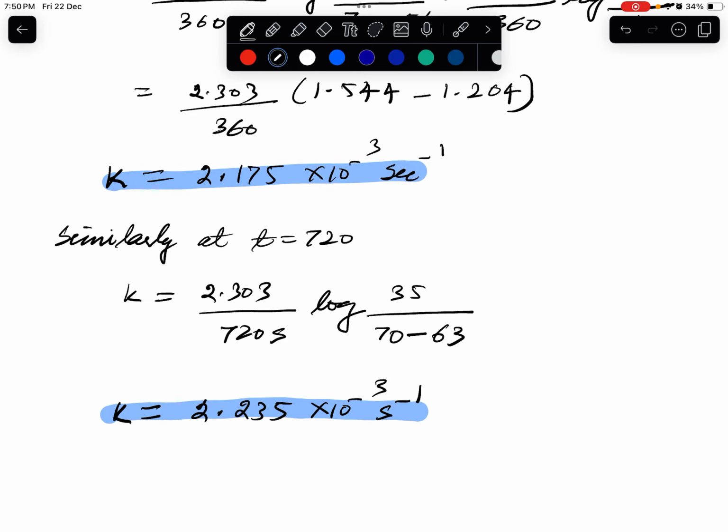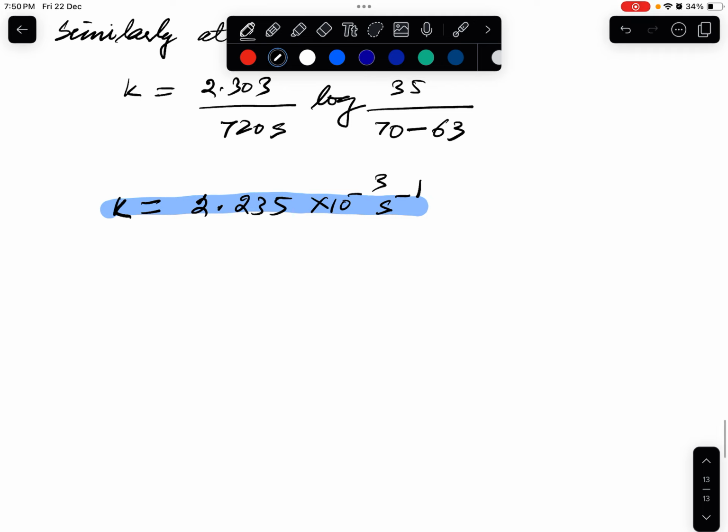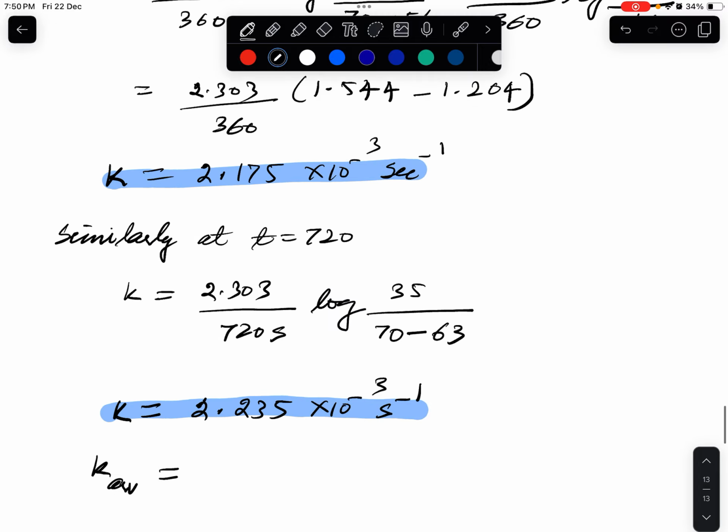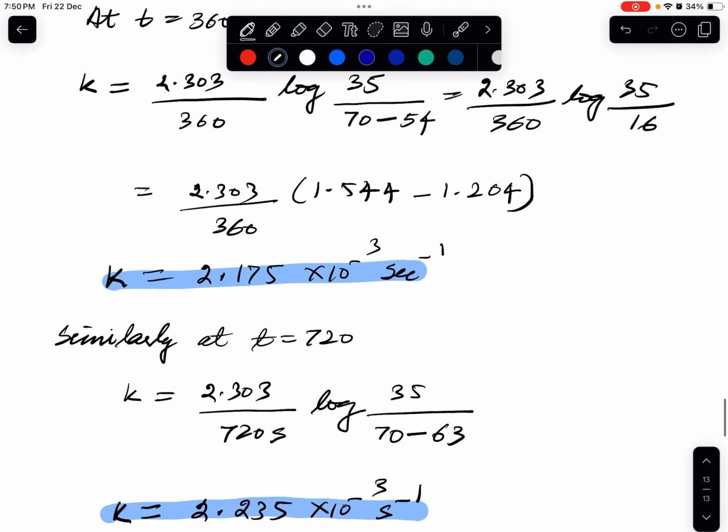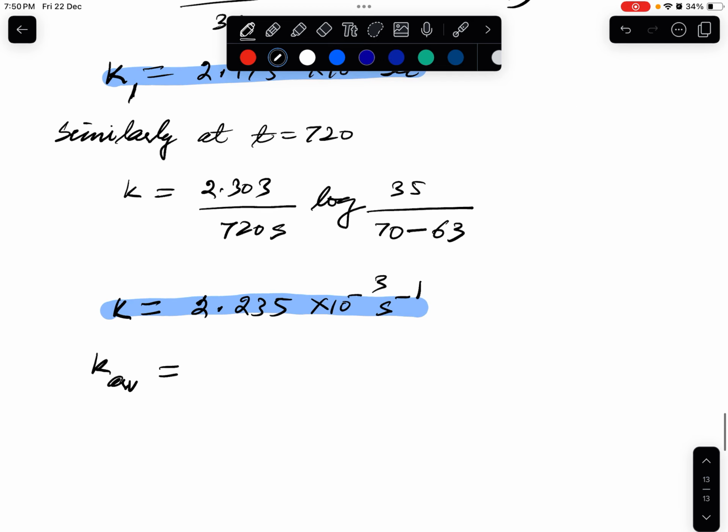Fine. So therefore we have to take the average of the two. So K average is equal to K1 plus K2 divided by 2.